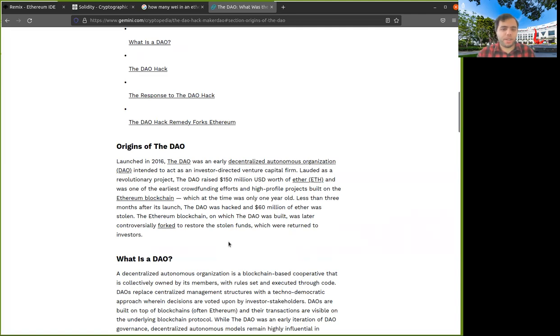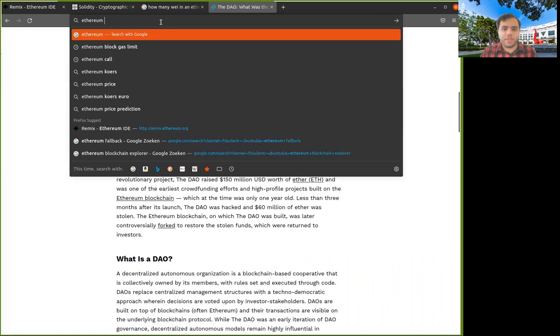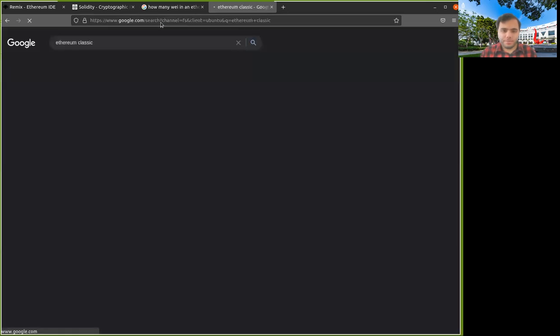Ethereum right now is the chain that said, we're not going to allow this attacker to steal it. But the other people who just followed the protocol became what's now known as Ethereum Classic. And it's now a different cryptocurrency.